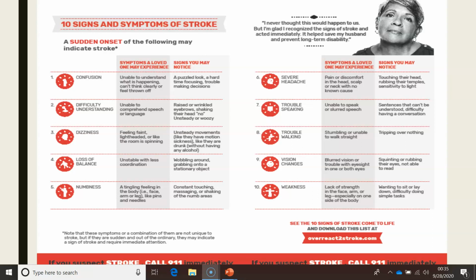There's absolutely no difference. So we never treat a TIA any differently. We always assume that the patient is having a stroke until it has been ruled out, because the longer that we wait to treat a stroke, the more permanent disability can occur.